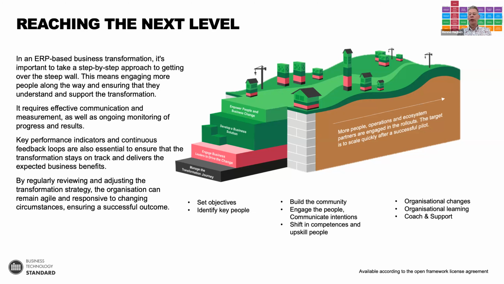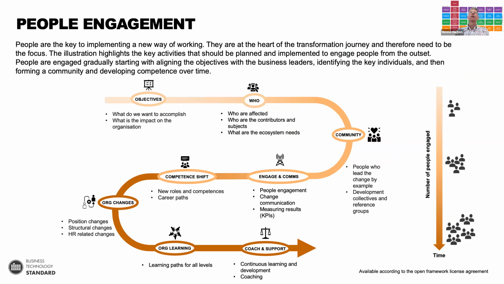Another way of looking at it that we have defined is the people engagement, the transformation journey, highlighting the major milestones there. Nailing down the objectives: what is it that we're going to do, understanding the context, what the objectives are. Then, who is going to be affected, building the community, the people that are going to lead the change, the change agents, starting to engage people.